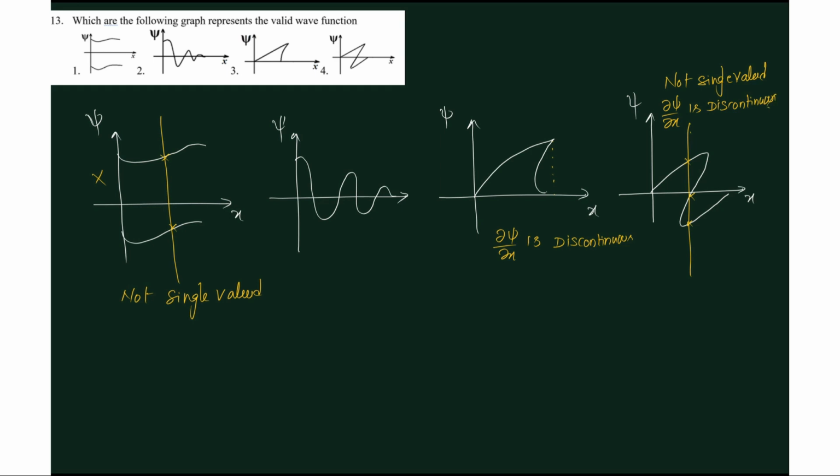Here, although the amplitude is decreasing, this is sinusoidal behavior only, but damped. This indicates damped oscillations, meaning the amplitude is decreasing. That's why it's a valid one. So the answer is 2.